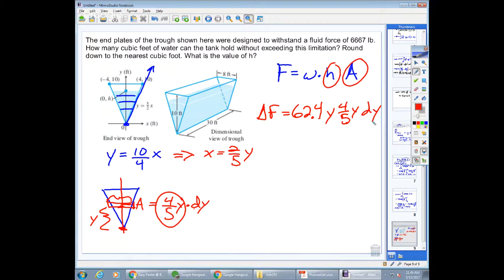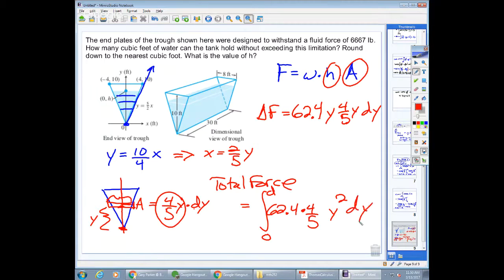So to get the total force exerted, then we're going to have to integrate as we go from 0 and let's say to some depth d, that thing right there. So the 62.4 is hanging out, the 4/5 is hanging out, and we have a y squared dy.